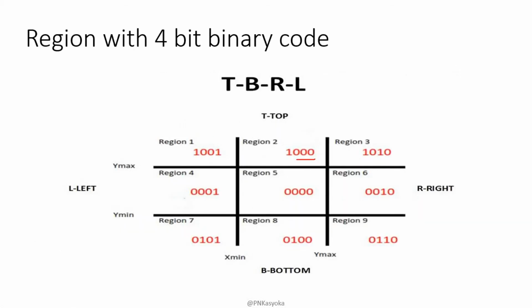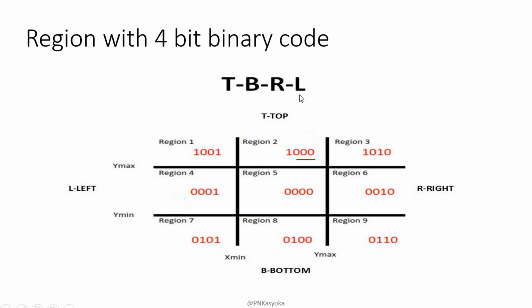Now these are the 9 regions that we are talking about. If you look at region 1, the code assigned to this region is 1001. Why do we have 1001? If you look at T, this region is at the top, therefore we assign a 1. This region is not at the bottom, so we assign a 0. It's not on the right side, so we assign another 0.